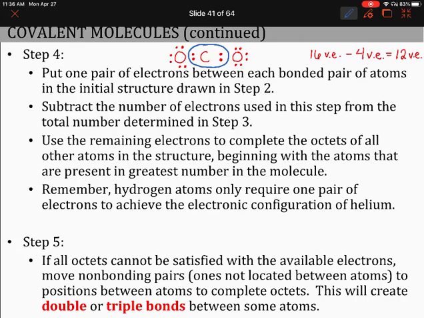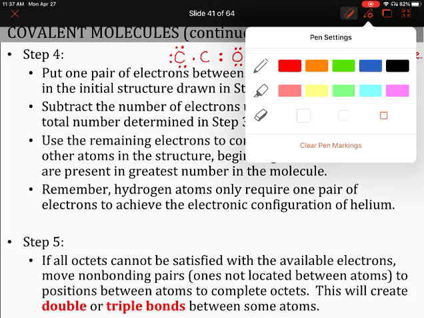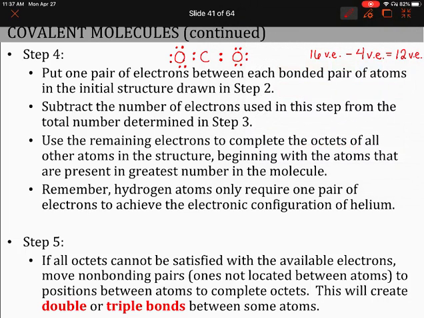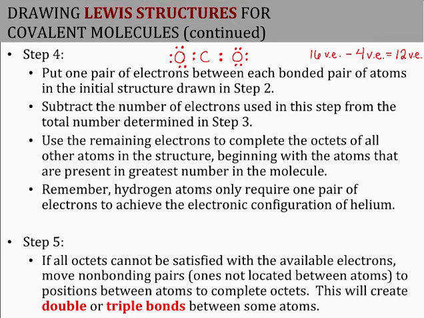So one thing that we can do, let's see if I can carefully erase this circle. We can move some electrons around in order to give carbon 8 electrons. And remember that I said earlier, molecules like to be symmetrical if they can.